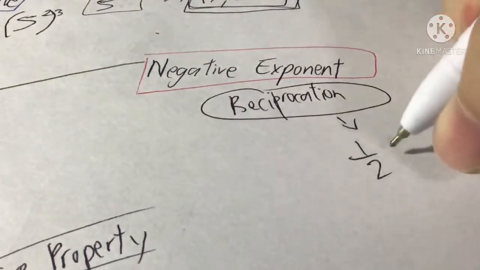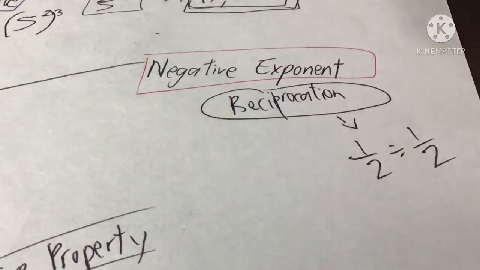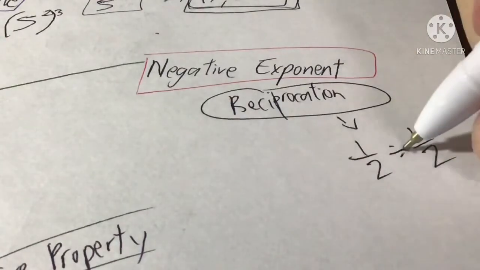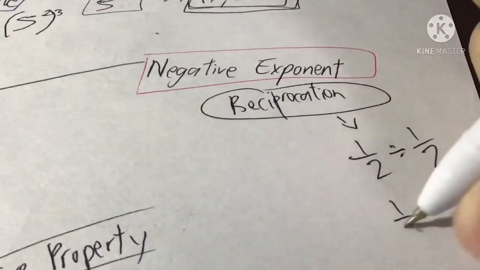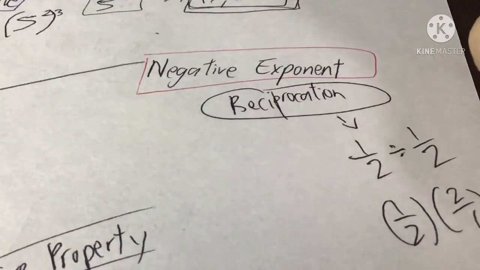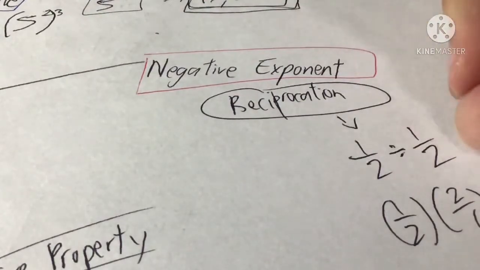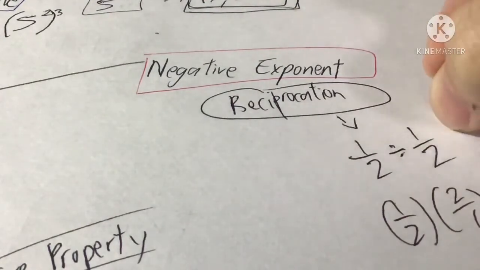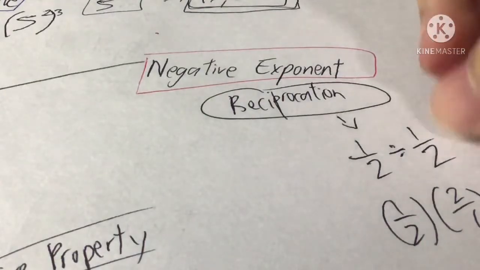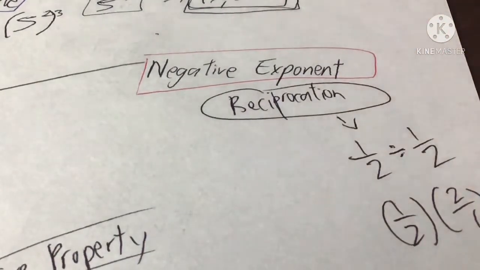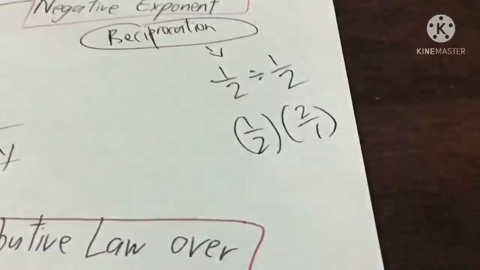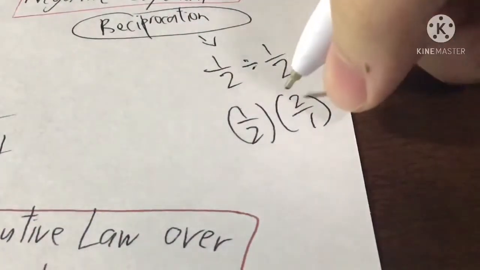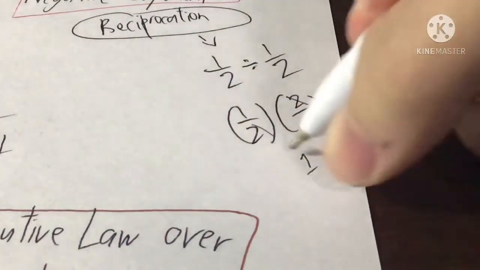Example, 1 over 2 divided by 1 over 2. So because of the division sign, we'll have to reciprocate that. That means shifting the place of the denominator will be the numerator and vice versa. So if this is 1 over 2, it will be 2 over 1. And moreover, we'll have our answer of 1.